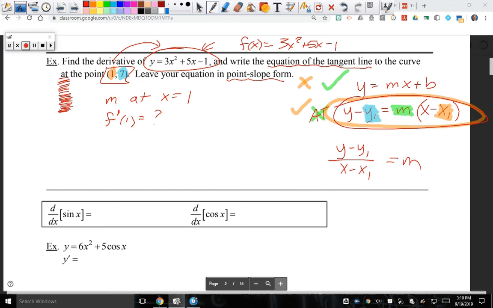What's the derivative? What's the derivative function, f prime of x? 6x plus 5. Now listen, here we go. I'm wanting to know the slope at 1. Think about what I've said today. Someone who doesn't know the answer will make this mistake.